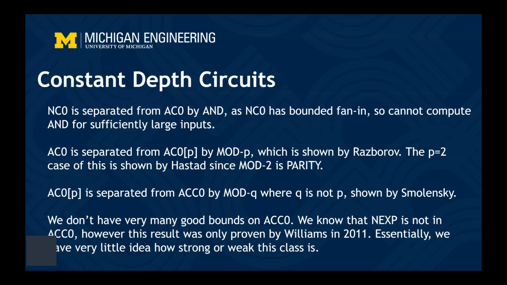And in 2011, it was proven that NX, so non-deterministic exponential time, is not in ACC0. But this took a long time to prove. And so essentially, we have very little idea how strong or weak ACC0 is.